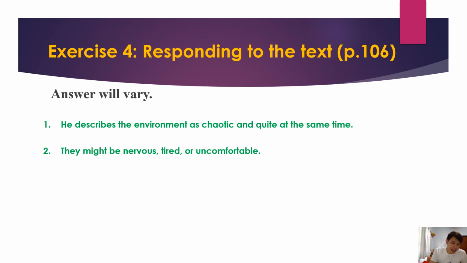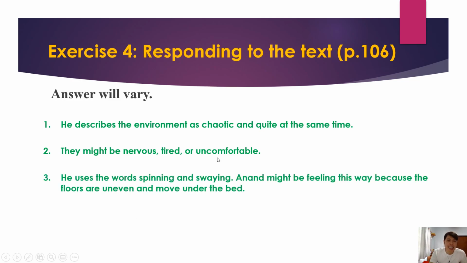Number 3: what words, meaning more than one word, does the author use to describe the sensation he feels when he is laying down? This is the guy that slept at the balcony. So what words make you know how he feels, and why might he be feeling that way? He used the words spinning and swaying. So now you can imagine how the floor is, right?